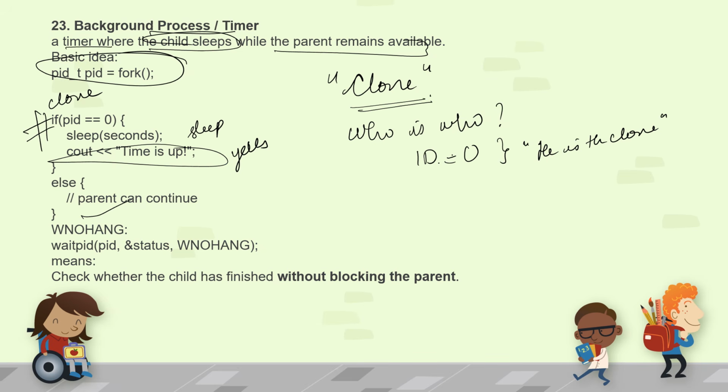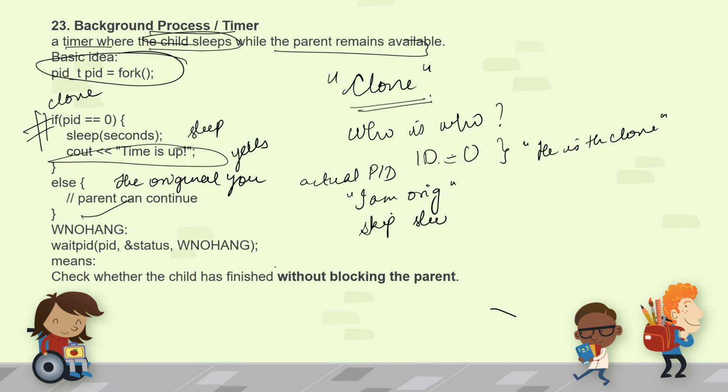Now, else is the original you. Your ID is a random number. That is your actual PID, right? That means here you will say I am original. Now you skip the sleeping part completely. Skip sleeping. Why do you want to sleep then? And you continue your work.